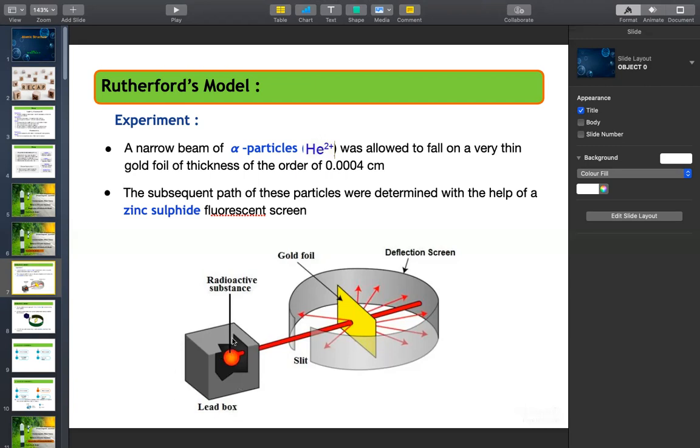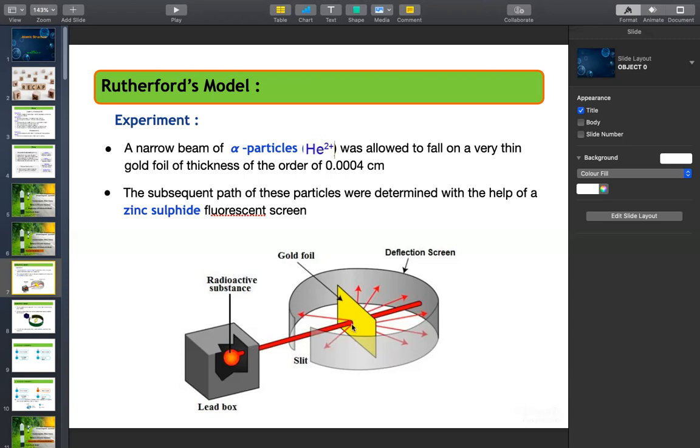Alpha particles are helium 2 plus ions. He took the source of very high speed alpha particles and bombarded a gold foil with these fast moving alpha particles.